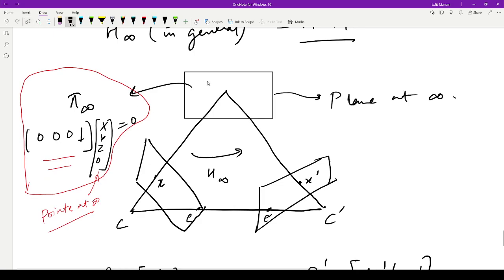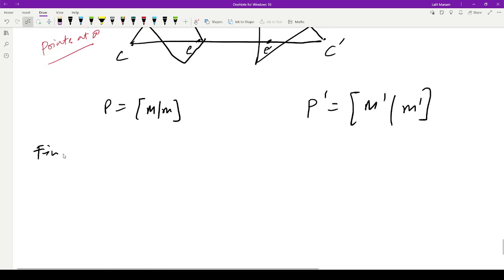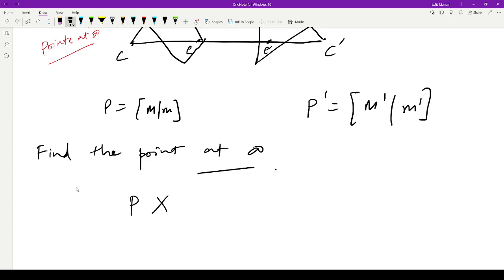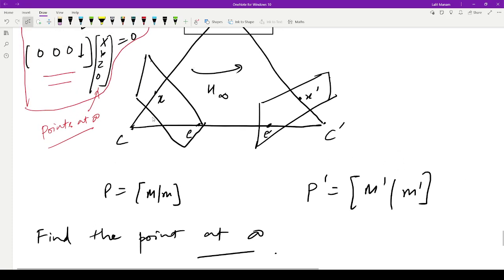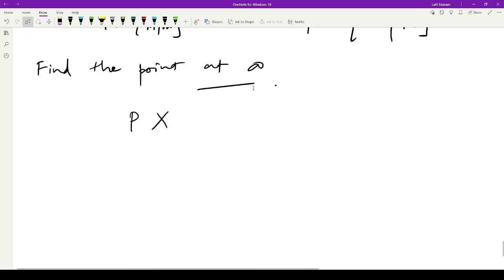So first we'll find the point at infinity. How will you do that? P into X. Yeah, of course. We have P into X, but we know only these points, x and x prime, right? We need to find the point at infinity X.